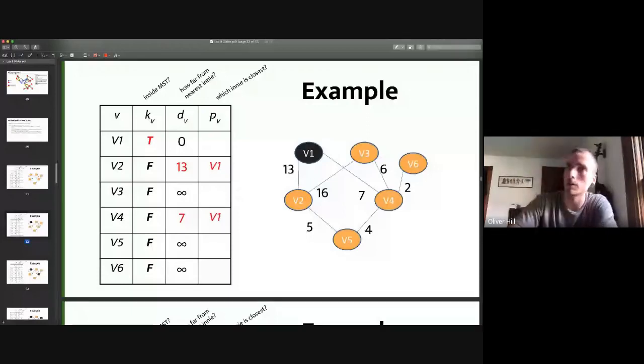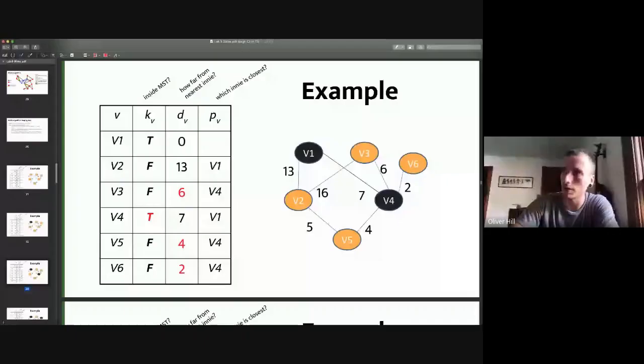Now, once we have V4, we're going to find all the nodes that V4 is connected to. So V6, V3. We're not going to update V1 because it's already inside of our MST. So we're going to update v6, v3. We're also going to update v5.